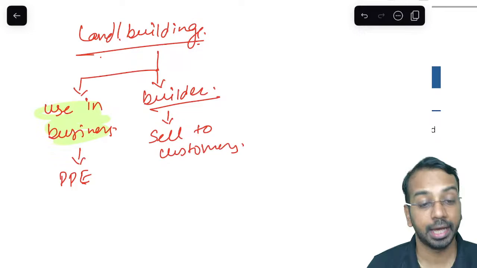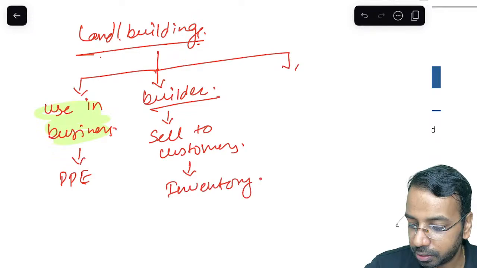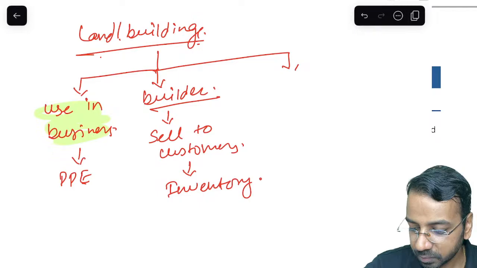Okay, if the builder is holding it to sell it to the customers, we say it is an item of inventory. If the same building is held, and the objective is: I will buy today, I will forget, I will earn rentals in the future. If I get some benefit, if I get some capital appreciation, I will sell. So the third category is where the intention is to earn rent or to earn capital appreciation.